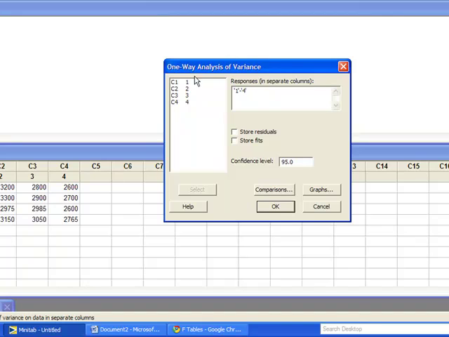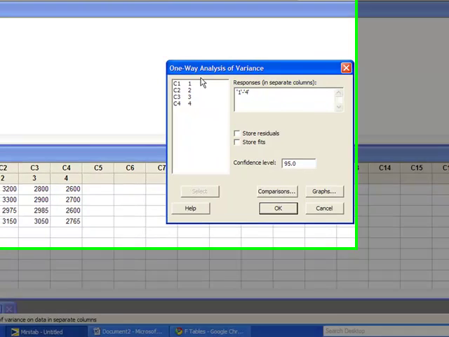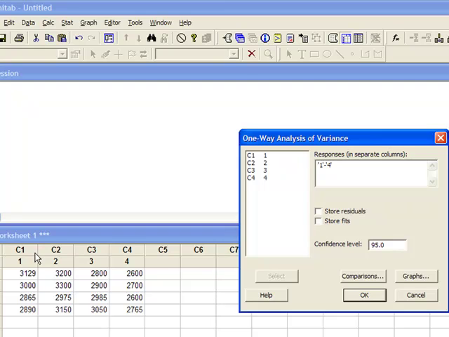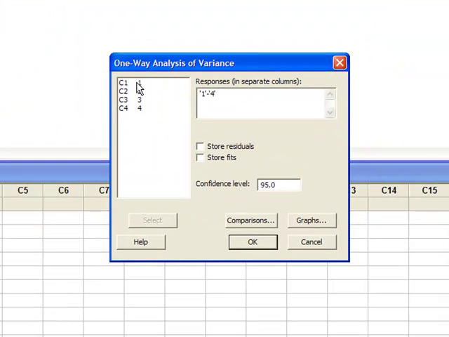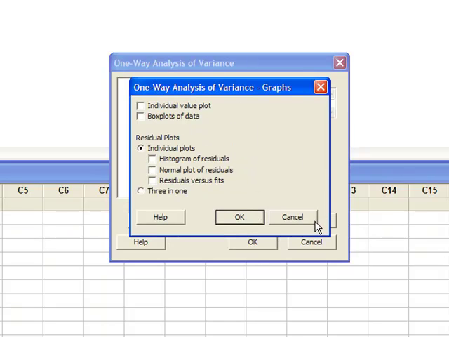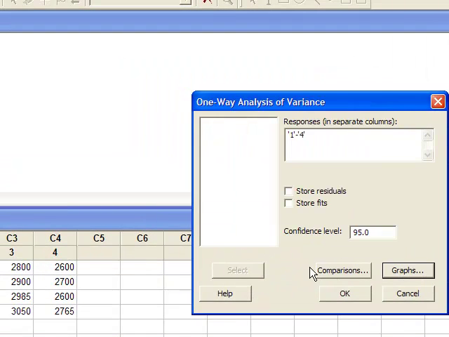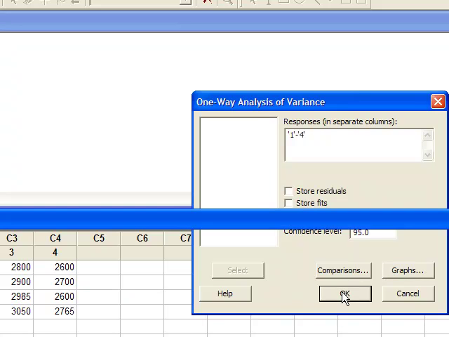So first, enter the data in Minitab, then go to Stat, open the one-way analysis of variance unstacked, and then select all four responses. And if I want to plot some graphs, I can select, for example, box plots of data, and now I can say OK.